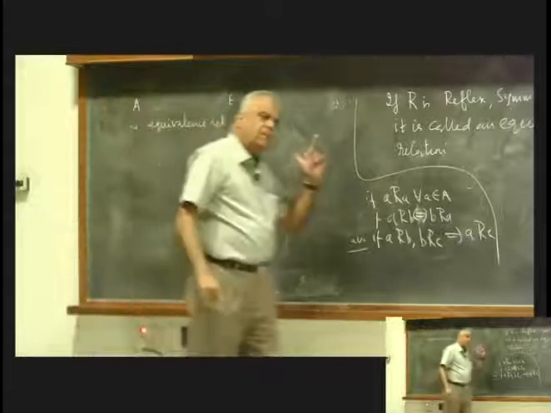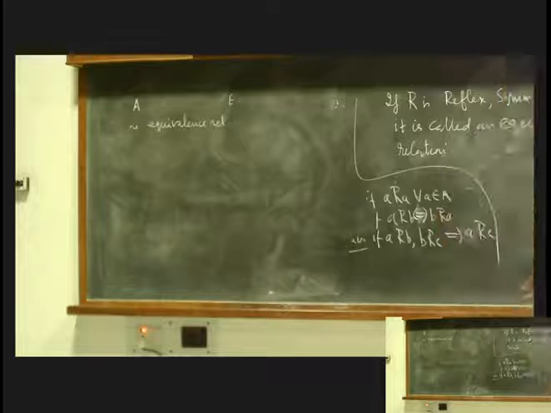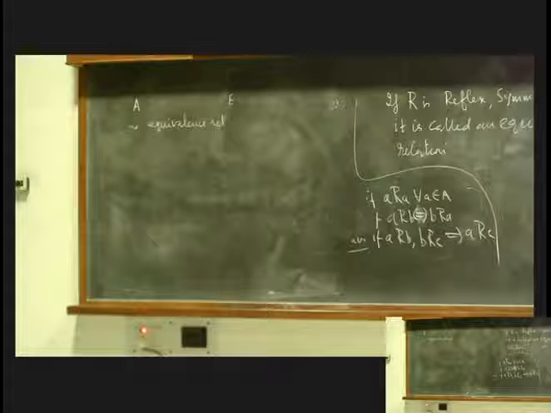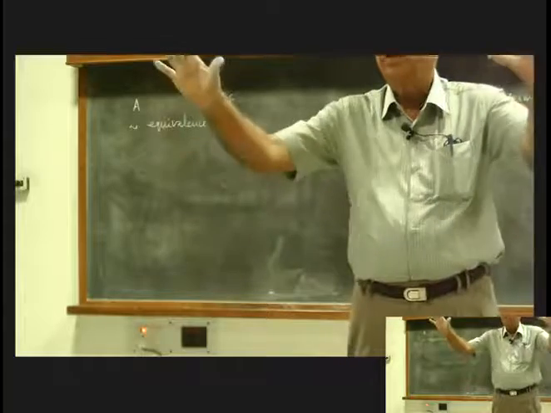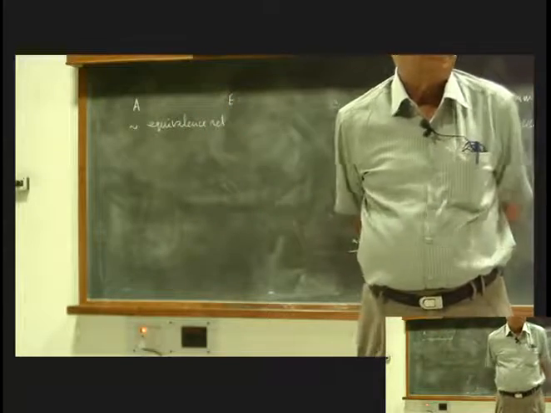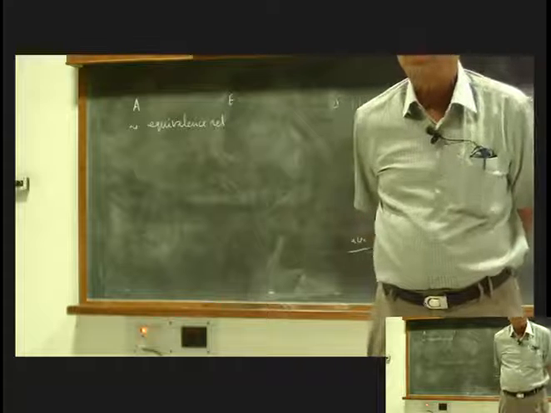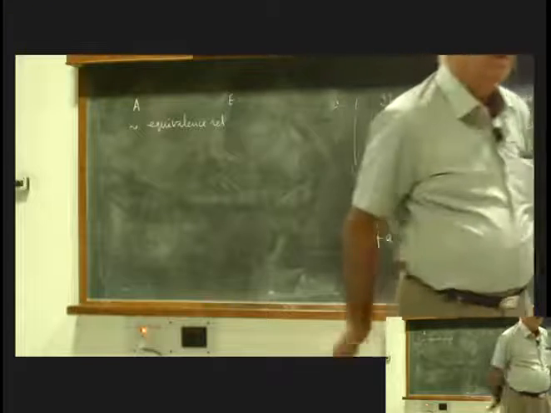For example, in classical geometry, congruence is an equivalence relation among figures in the plane. In particular, you say two triangles are congruent if something.